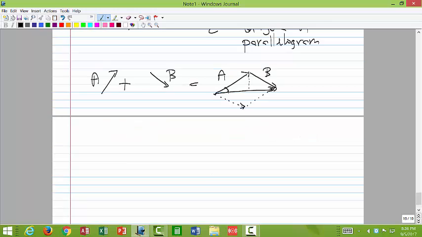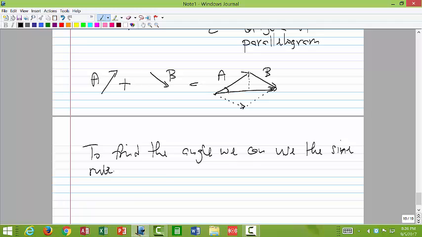We can say that to find the angle, the sine rule will apply. For example, let's say we have some angle, something like that. Let me see if I can draw it. This will apply to this scenario. So something like this.